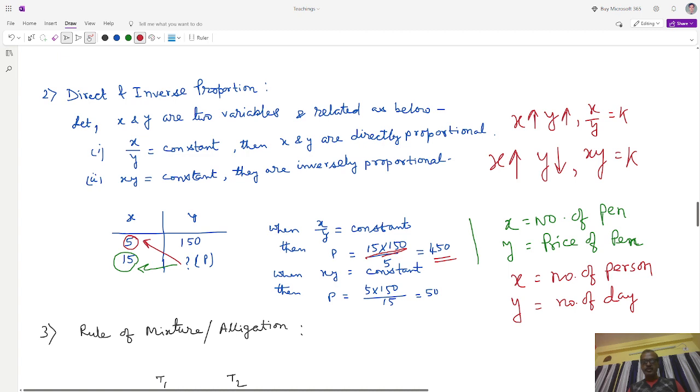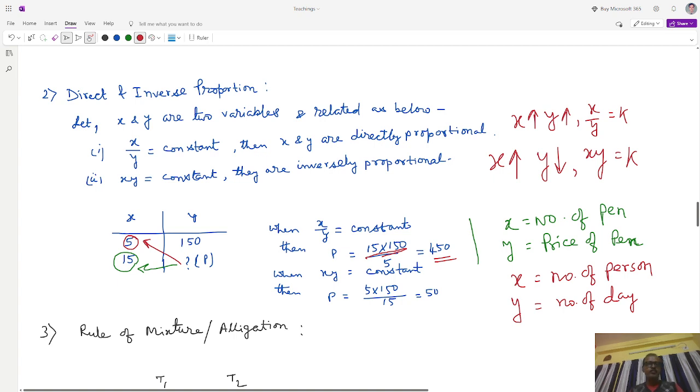It will be decreased, right? So in this case, x and y are inversely proportional, and the solution will be like that: 5 into 150 divided by 15 equals 50.